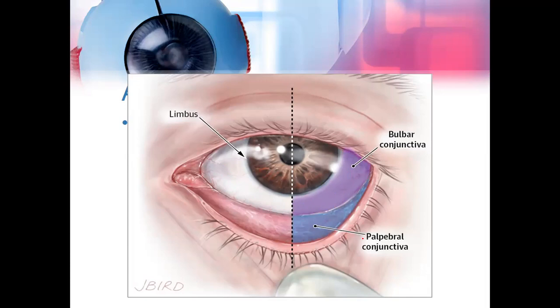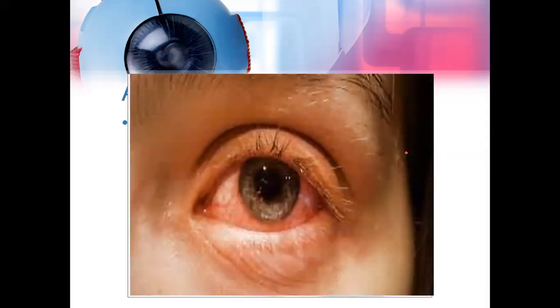And we have the palpebral conjunctiva. We have some diseases that are related to both conjunctivas. However, the most usual one to be affected by any kind of disease is the bulbar conjunctiva, right? So, can anybody tell me what this would be?